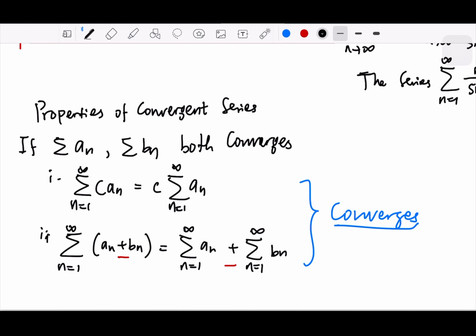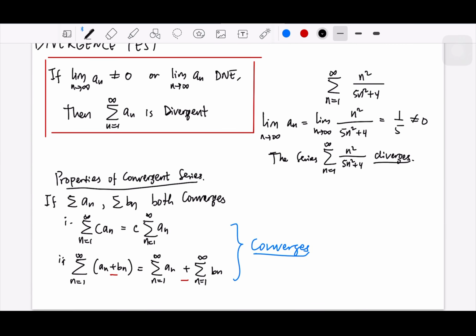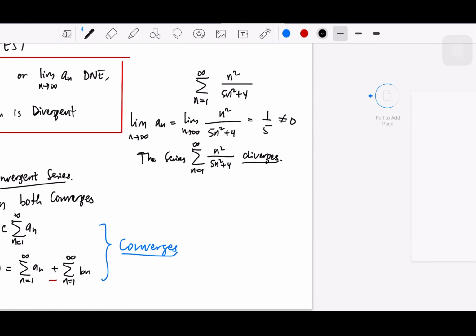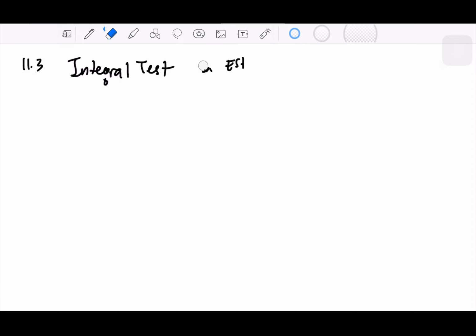Okay, I think one more section for today and we can finish our class. So this is 11.2. I will move to 11.3, which is called the integral test and estimate of sum. Let me just start with the integral test first.